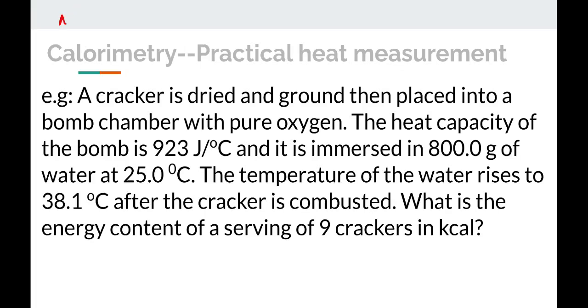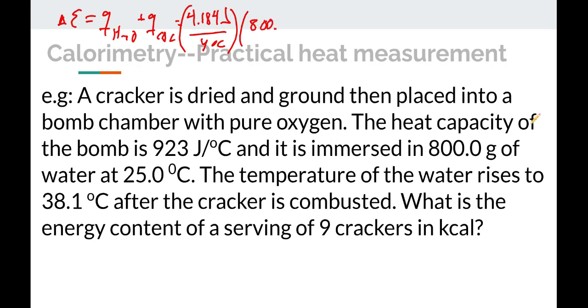So the change in energy, the energy that came out of this system, which is the crackers, is equal to the energy that went into the water and the energy that went into the calorimeter. So that's the heat capacity of the water, which is 4.184 joules per gram per degree C, times the mass of the water, which was 800 grams, times the temperature change of the water.